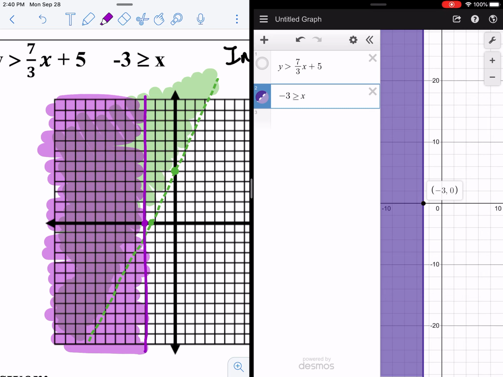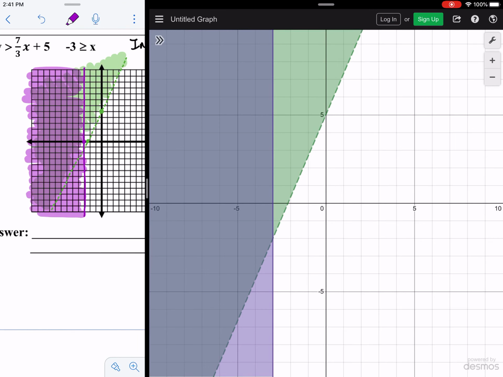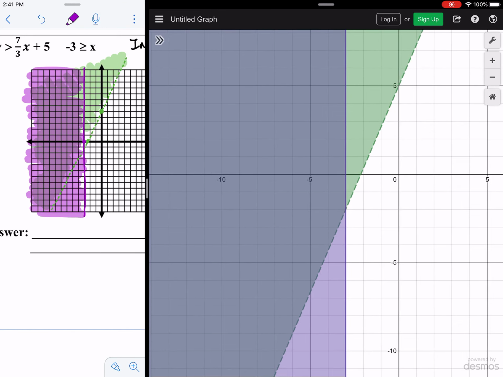Now, what makes this really simple, well, I say simple, is that your answer is going to be where the most coloring is.